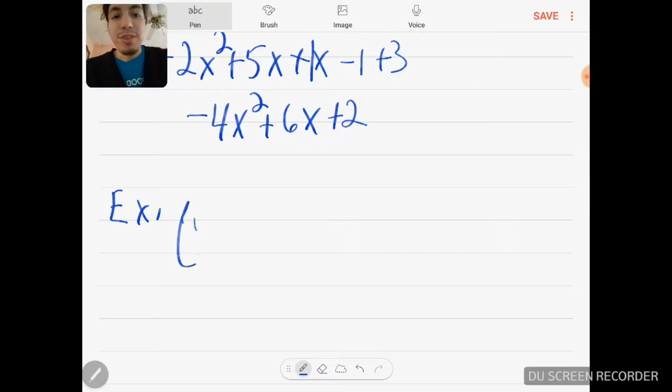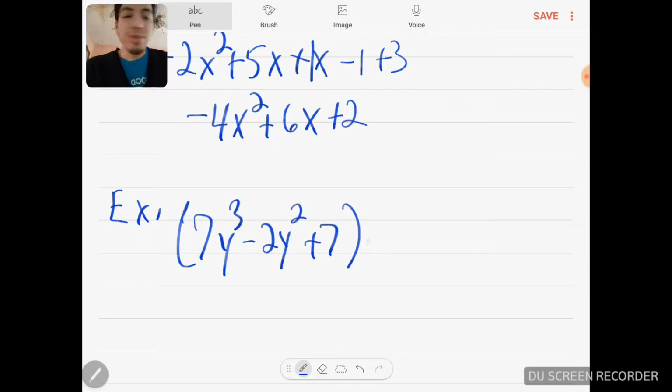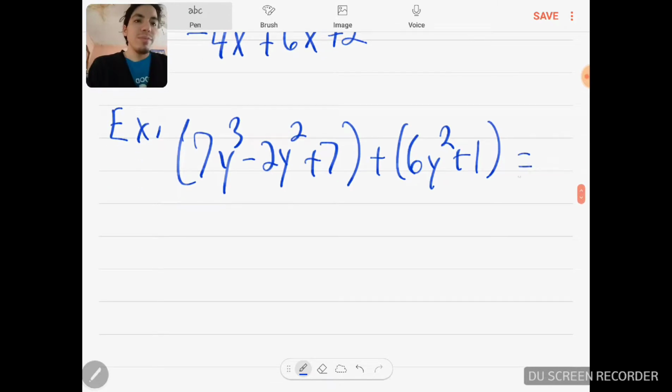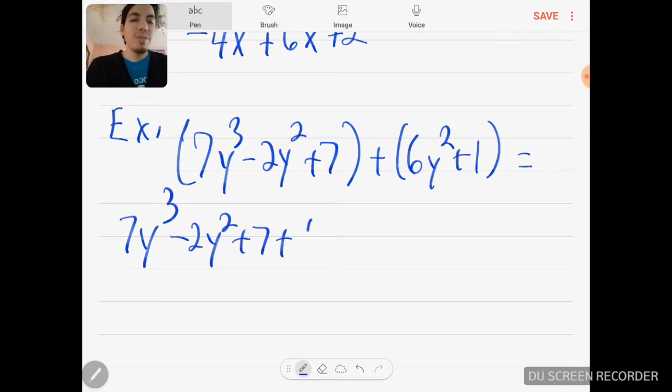Let's have parentheses 7y to the third minus 2y squared plus 7, parentheses, plus, oopsie, parentheses 6y squared plus 1. All right, now what do I get? I get 7y to the third minus 2y squared plus 7 plus 6y squared plus 1.